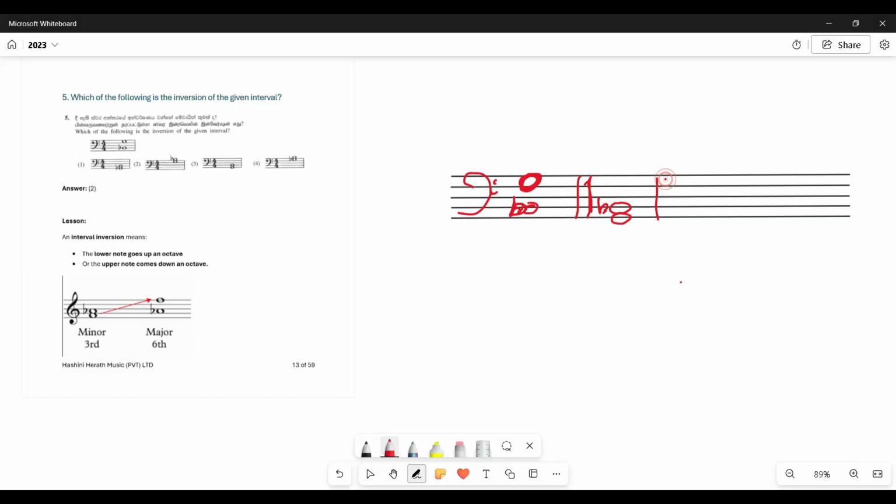If you take this B flat up, that would be like this. So the answer is given in the second answer. Okay, that's it.